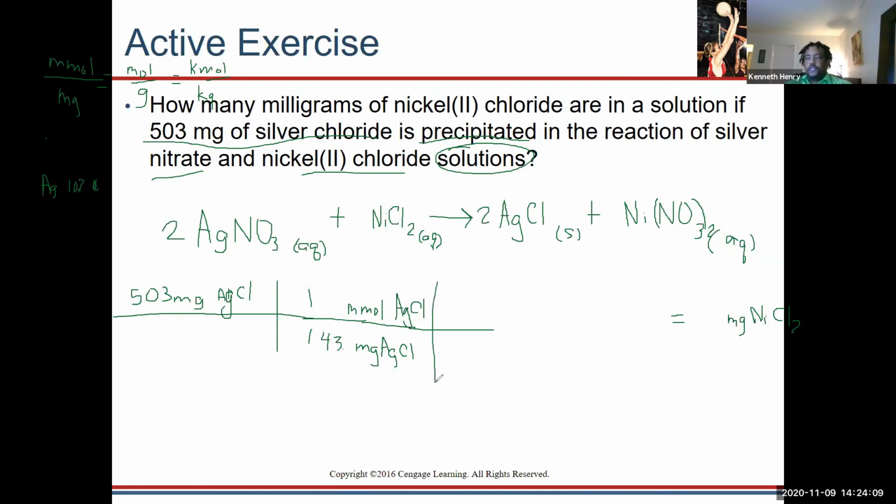Okay. So now we have moles of silver chloride. If I want to figure out nickel chloride, what am I going to do? We'll use our ratio from the equation. So what is the ratio?